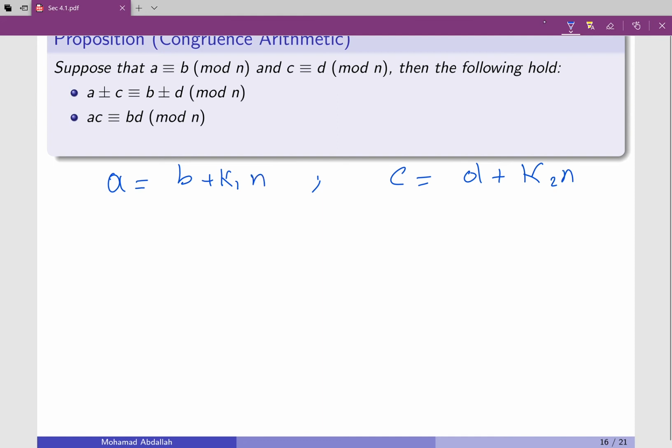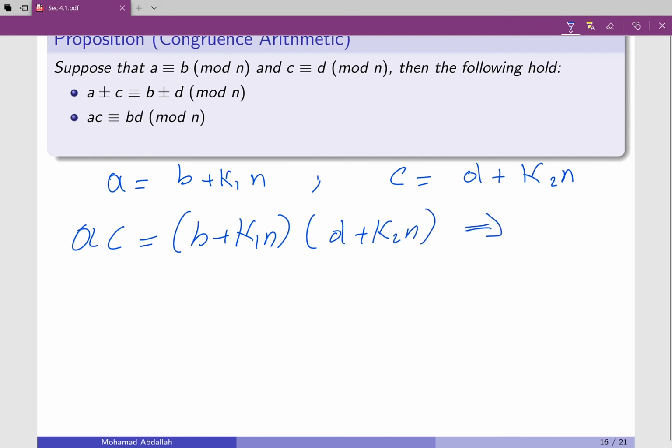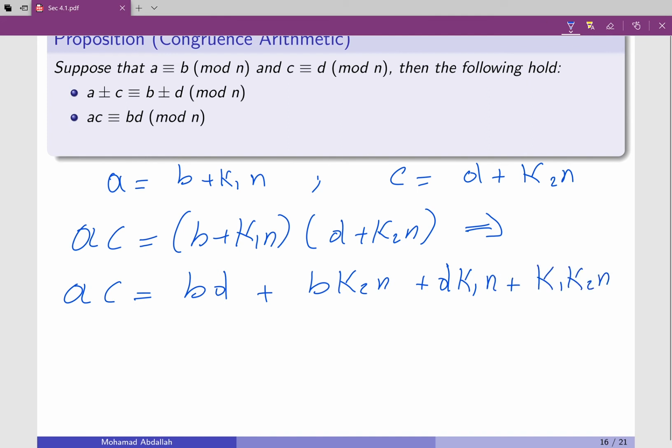Now I want to show that AC is congruent to BD. So in this case, I will multiply. A times C, substitute A by B plus K1n, substitute C by D plus K2n. Then AC equals BD plus B K2n plus D K1n plus K1 K2 n squared. Look, my goal is to show that AC is congruent to BD mod n.